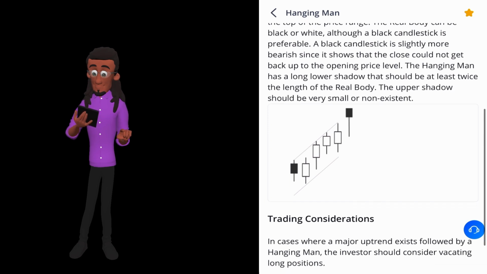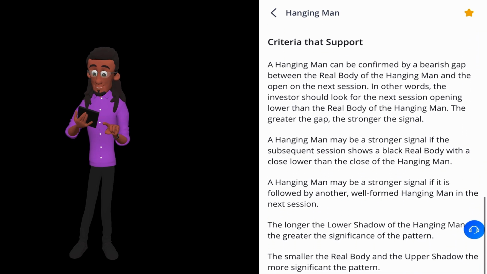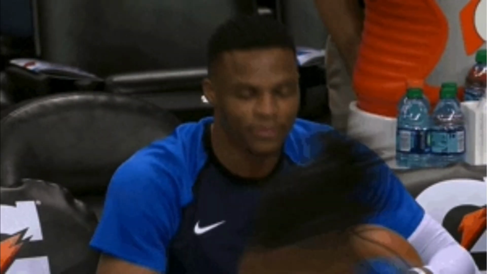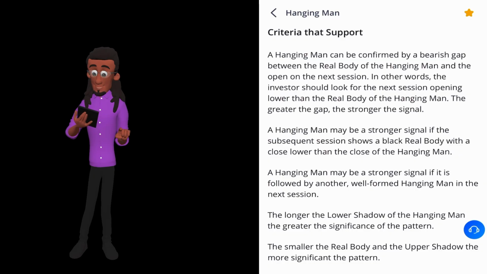No wick at the top, twice as long a wick as it is a candle. All right, so that's good to know. Don't sleep. Don't start assigning the hanging man title to candles that aren't hanging men. All right, red candles.